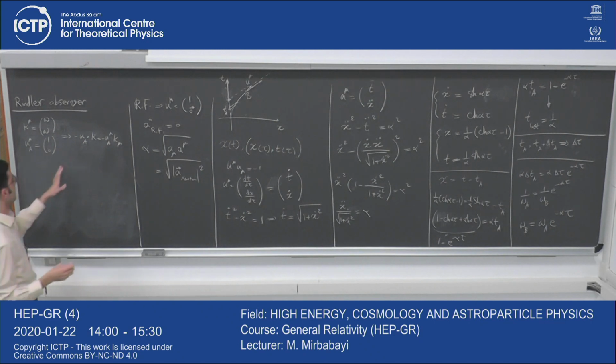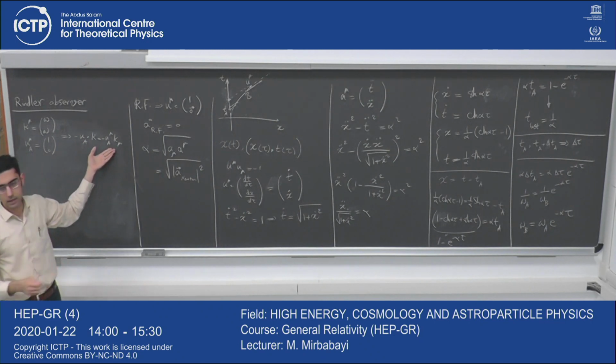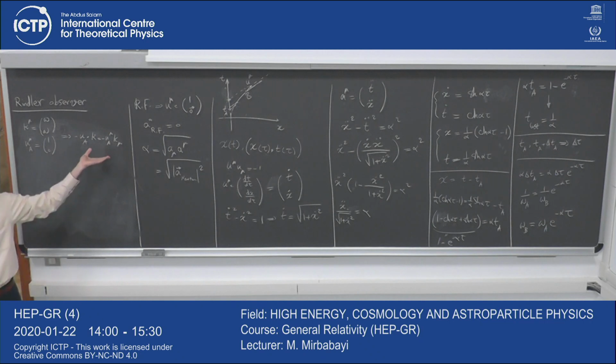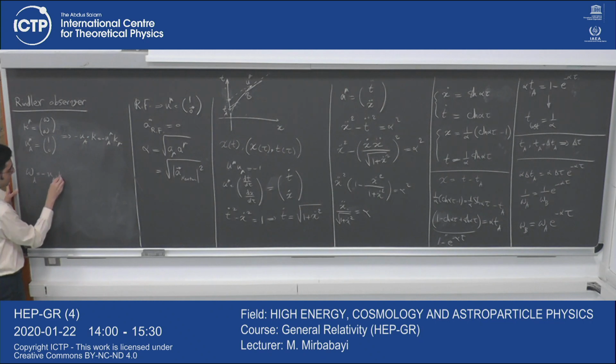So what I have done here is write a Lorentz invariant expression for the frequency of the photon measured by Alice. So omega_A is equal to minus U_A dot k.